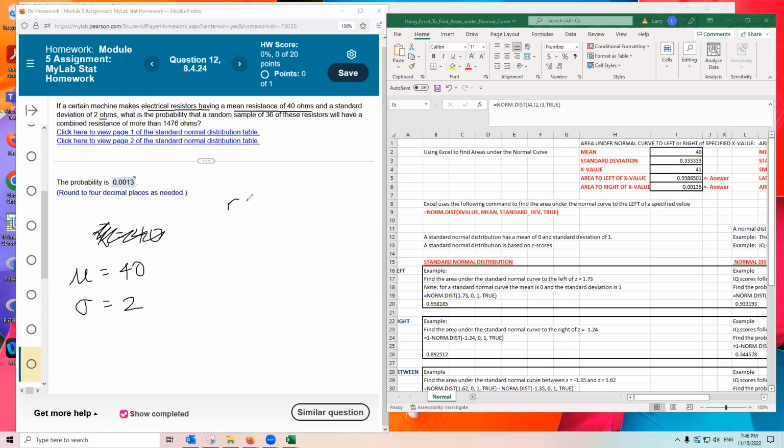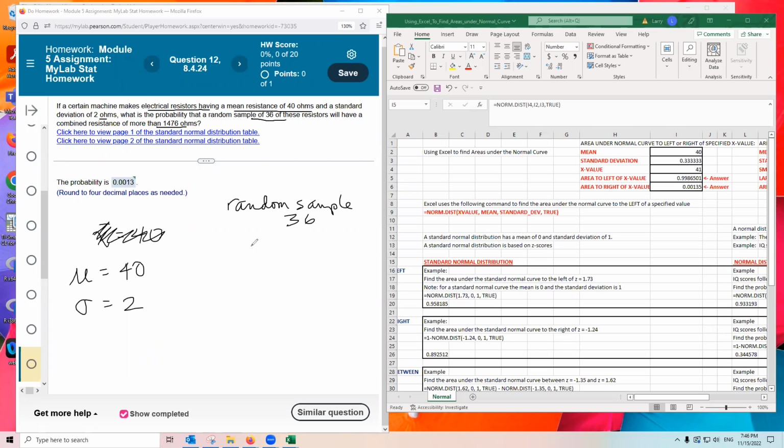All right, I'm going to take a random sample of 36. And it says, what is the probability that this sample of 36 will have a combined resistance of 1476 ohms?